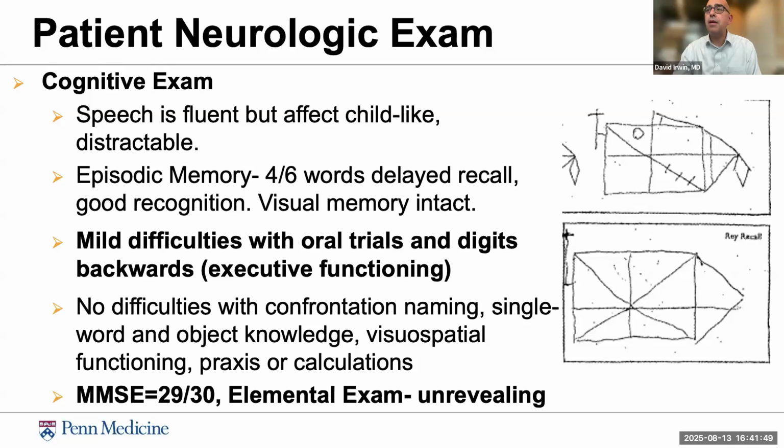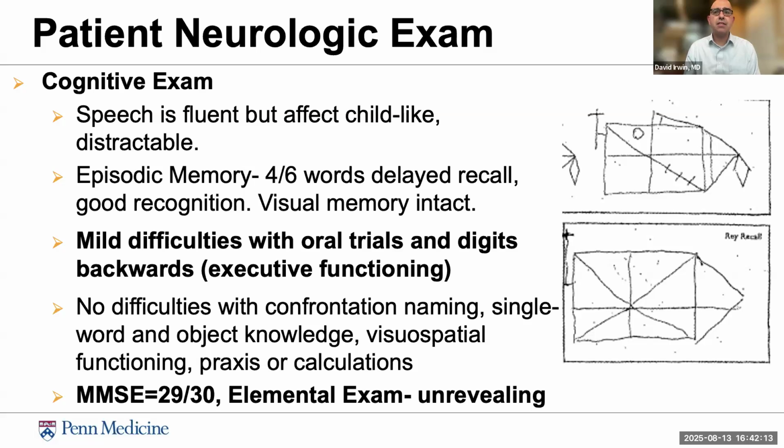Here is an example of a modified Rey-Osterrieth figure showing large recapitulation of the figure, or visual readout of memory, which is similarly largely intact, but more prominent was difficulty with executive functioning tasks such as oral trails and digits backwards.